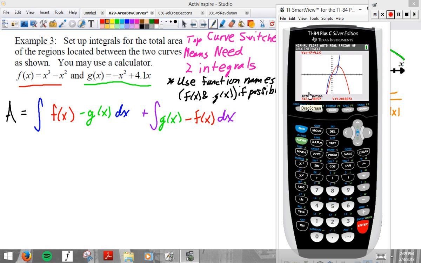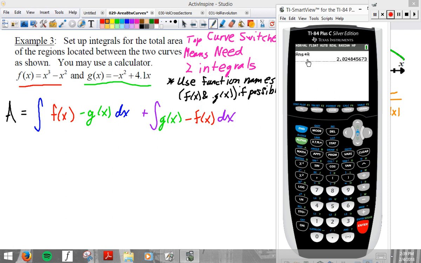Without doing anything else, you should store the x value, which is easily done like this. Second quit, STO for store, and we're going to pick alpha A. We're going to store it into the letter A.